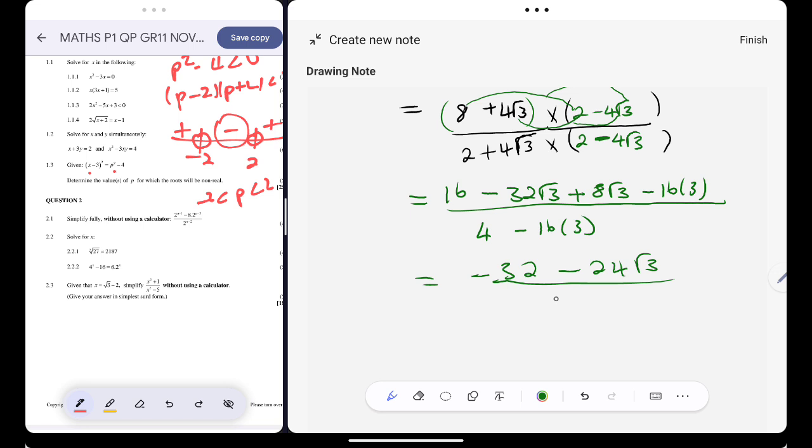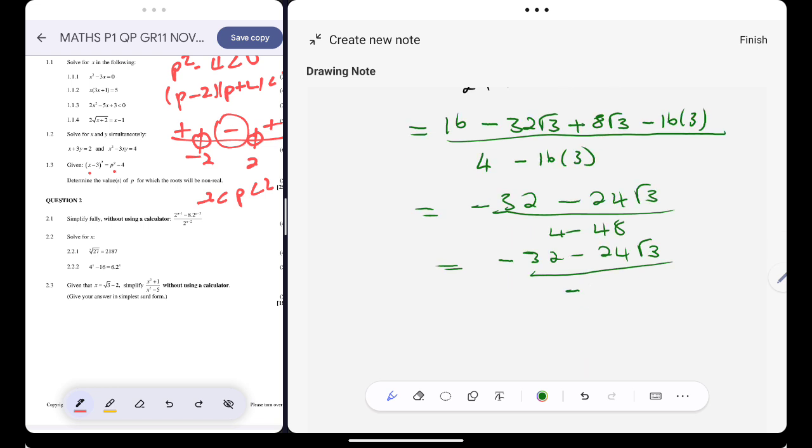This thing is all over 4 minus 48, negative 44.